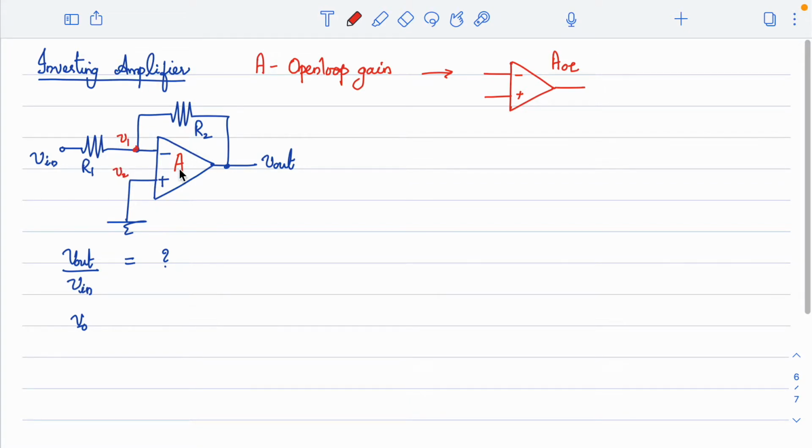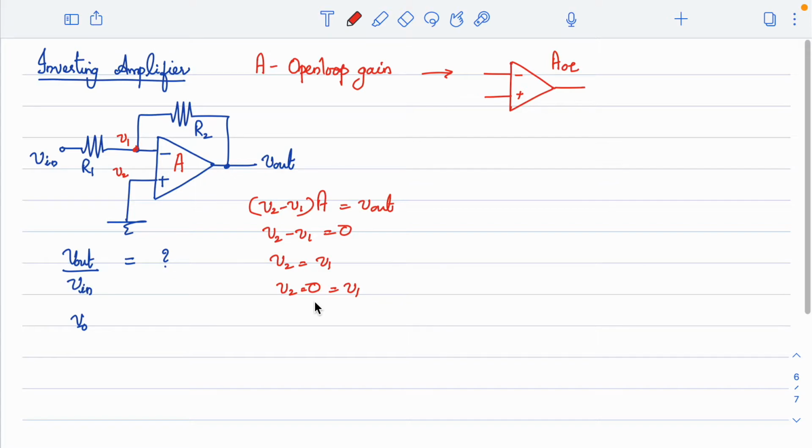And for an op amp, what I know is (V2 minus V1) into A will be your V out, right? And when your A is infinity, we can say that V2 minus V1 is equal to 0, or V2 is equal to V1. Now what is V2 here? V2 is 0 in this case. So V1 is also 0, right? So that means this node, which is equal to V1.